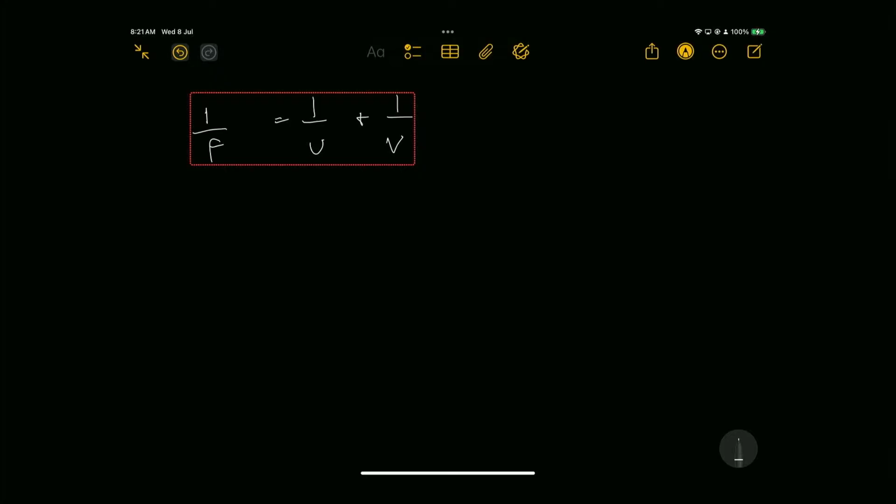So images that are on the same side as the object are virtual images, right? And for virtual images, we have a negative sign for v, right?